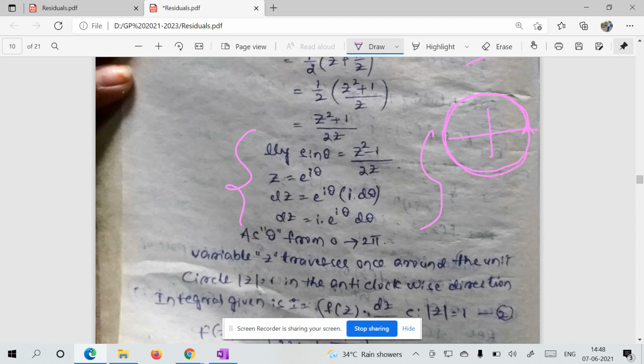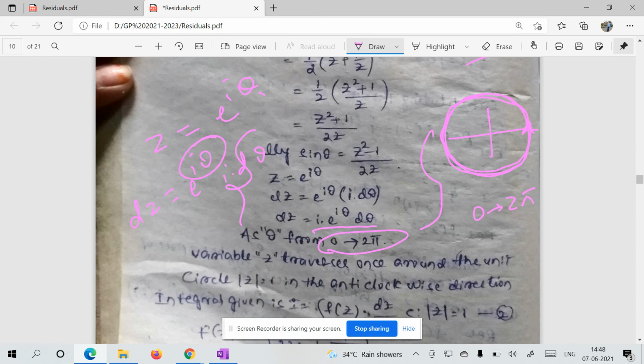From 0, one cycle is completed at 2 pi, so theta varies from 0 to 2 pi only. dz means z equals e^(i theta), so differentiating with respect to theta, dz equals i e^(i theta) d theta.